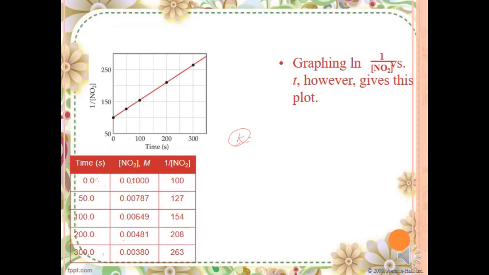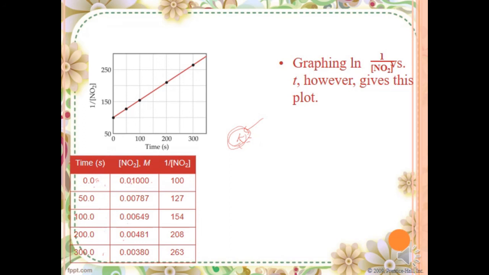If you substitute into the integrated first order formula, your k value also will not be the same. Then try substituting t and concentration into the integrated second order formula. You will get the same k value. So that is one way.